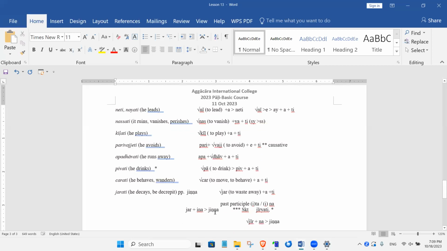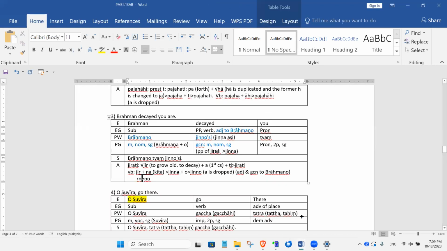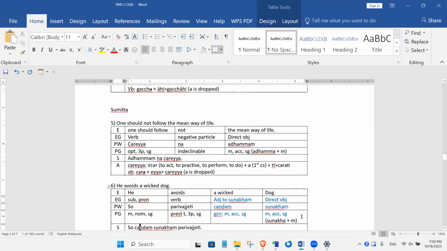This is Sanskrit, not Pali. Pali is j-a-r, all right? Or ji. So Sanskrit is much easier to understand. Yeah, correct. Thank you. All right? Yeah, drop the r. Thank you, Saiji. Now the sentence is actually very short, okay?